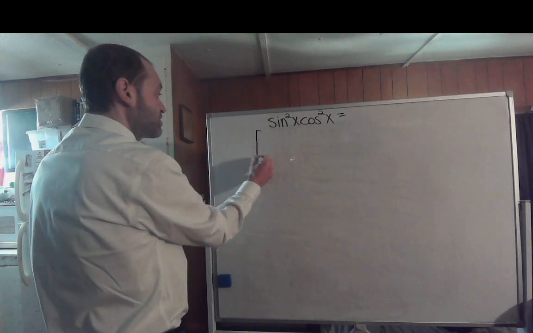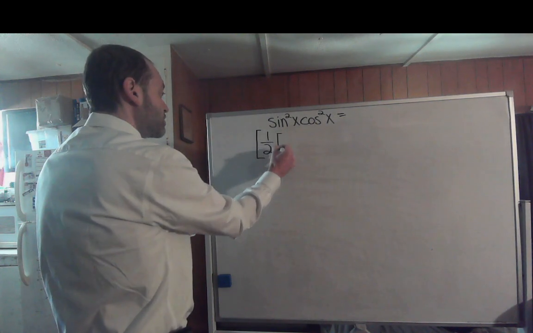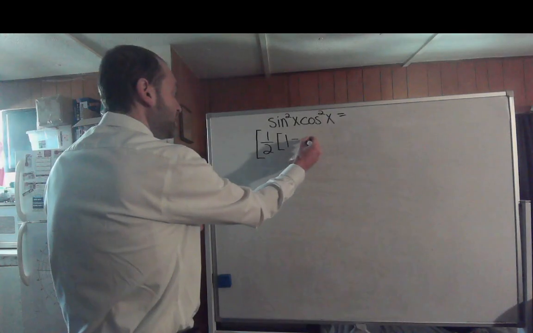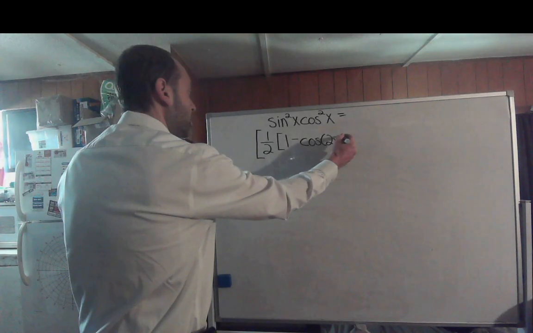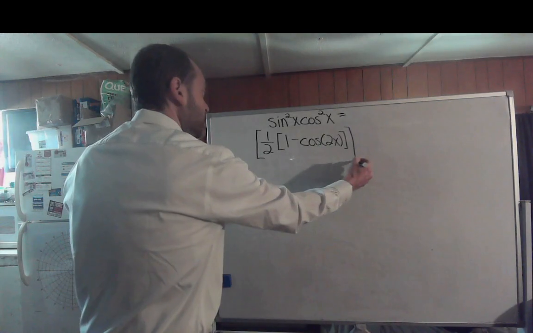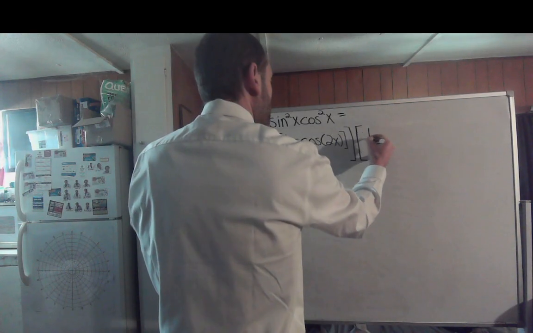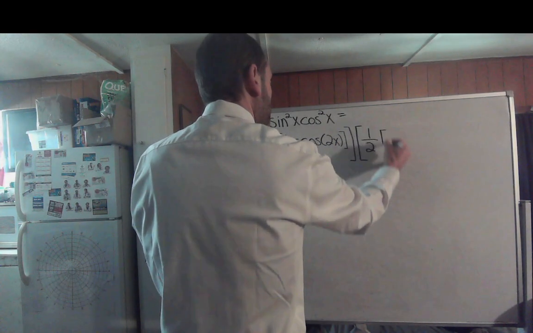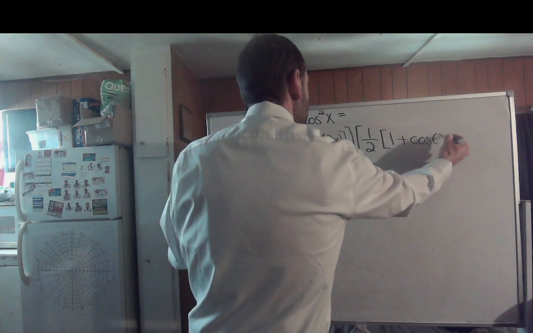So the sine squared of x, that's 1/2 times the quantity of 1 minus the cosine of 2x. And then the cosine squared of x, that's going to end up being 1/2 times the quantity of 1 plus the cosine of 2x.